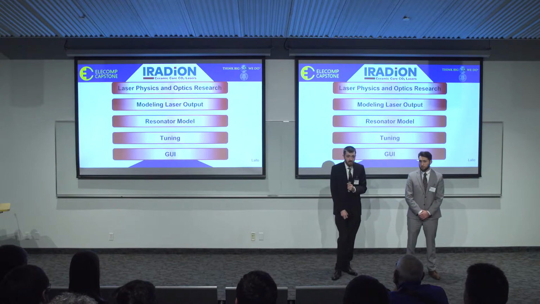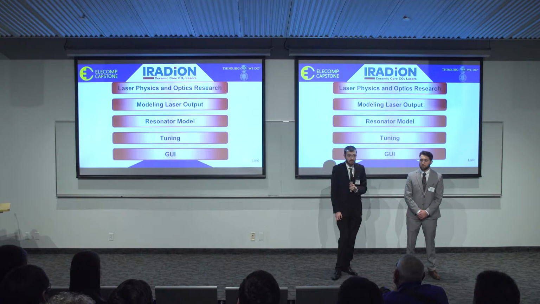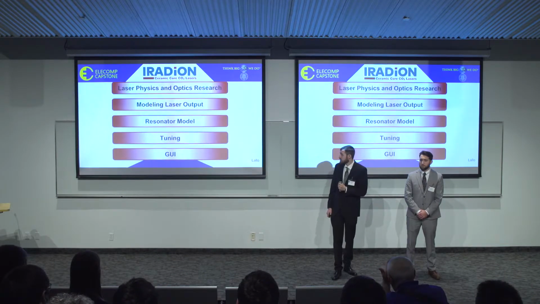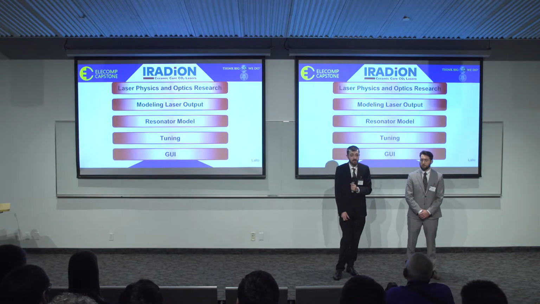When we entered this project, we came up with a sort of game plan for how we wanted to tackle every step in the process. In order to do anything at first, we needed basic laser physics and optics research to be done, along with reorientation of using MATLAB as a software. The step after this was to begin modeling basic laser outputs. These would start very simple and eventually evolve into becoming full-blown laser systems.